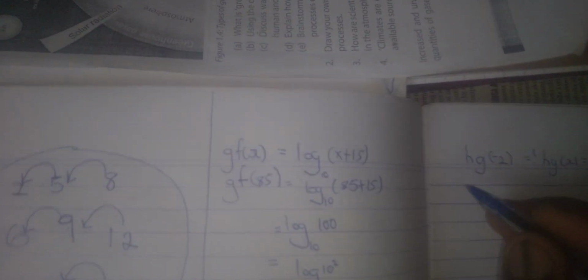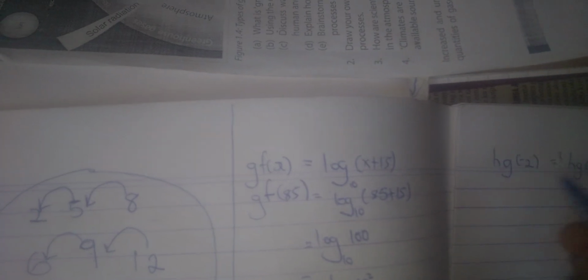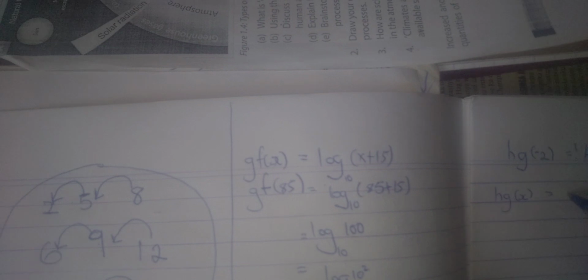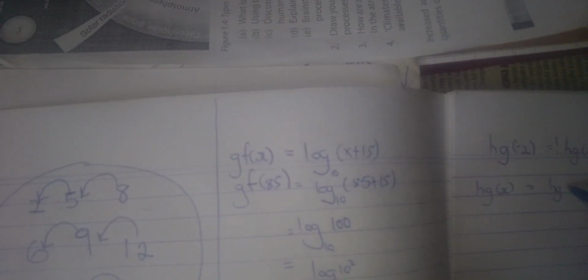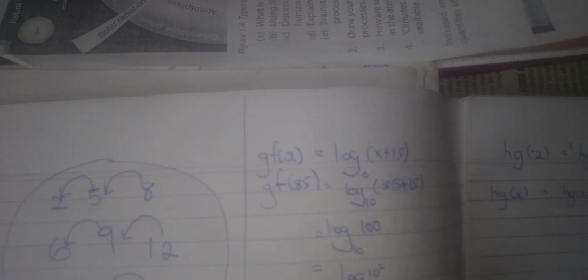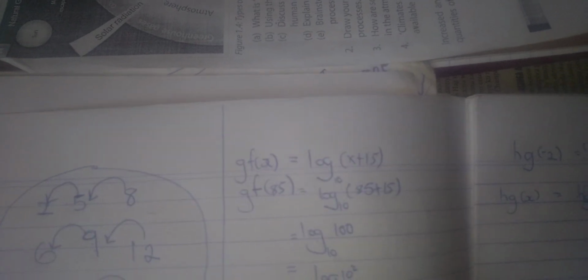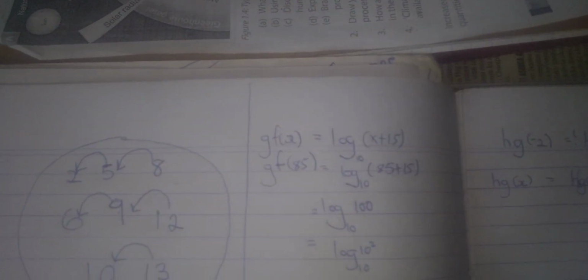So let us first look for h g of x, where we are taking g as the child and h as the mother, so h is the controlling function. Our h of x was given initially, which was 3x minus 5.